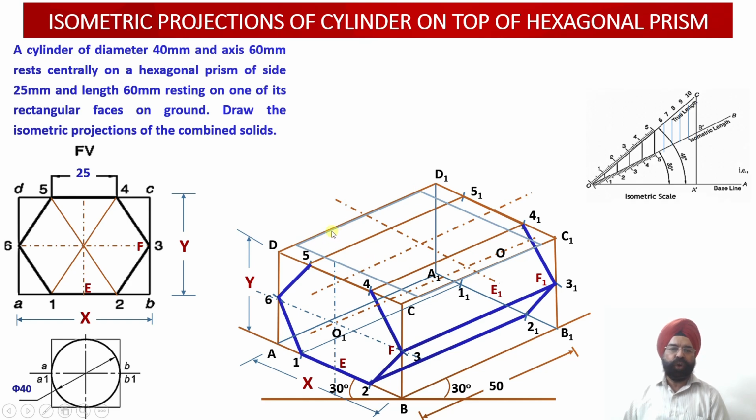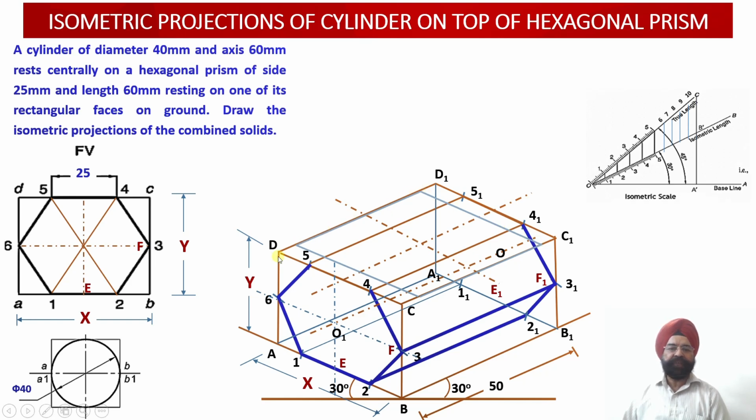The second projector line again has an offset of 20 millimeter from the axis. Similarly, from this horizontal axis, another projector with an offset of 20 and another with an offset of 20 have been drawn. So please check, I have been able to draw a square of edge 40 on top of this.